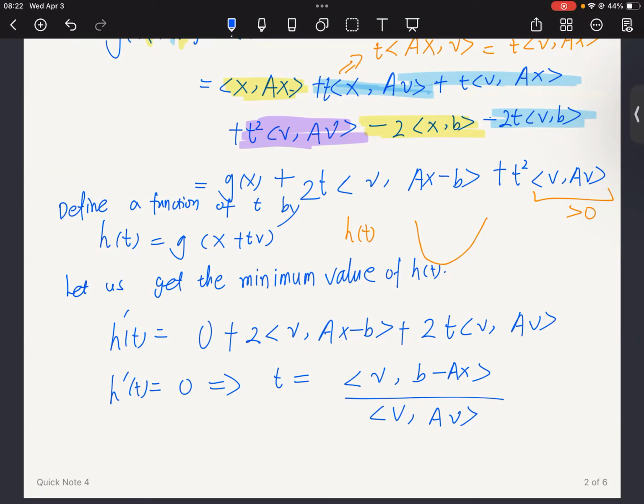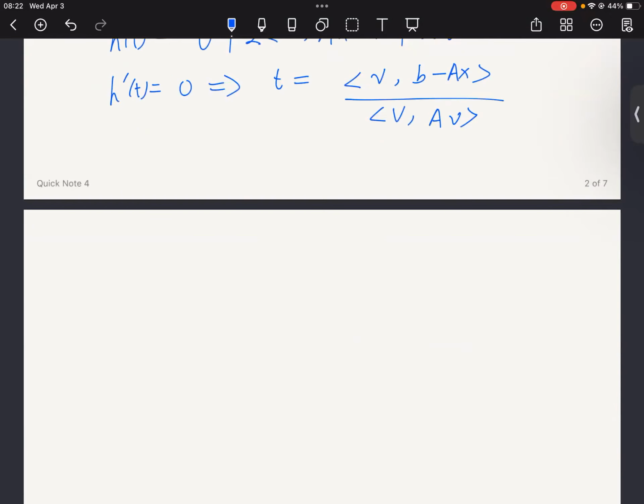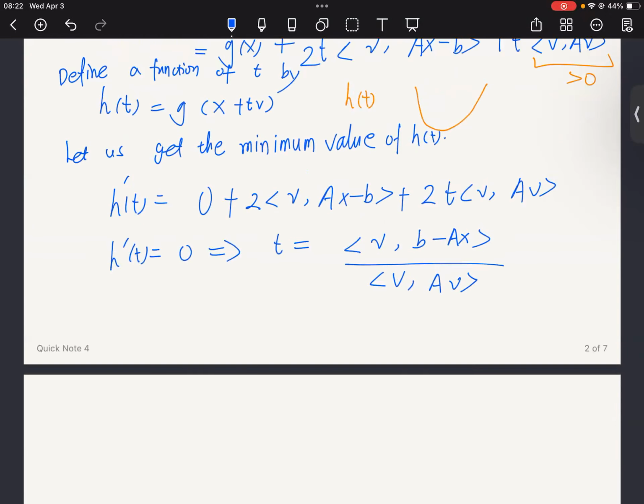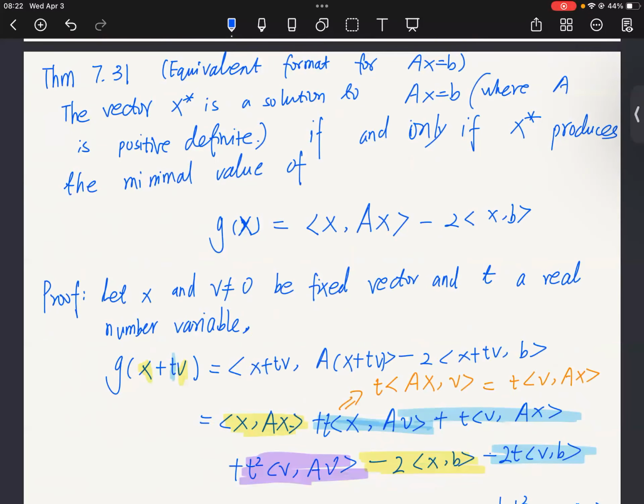What does it mean? It means that in the space we have here, we are going to get the minimal value of g(x), and we choose a fixed point x and a fixed direction v.